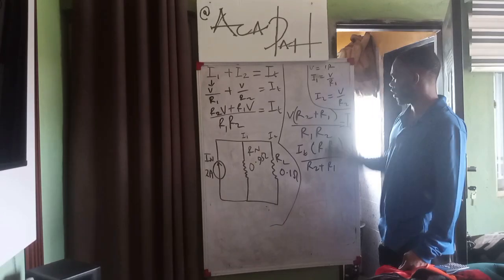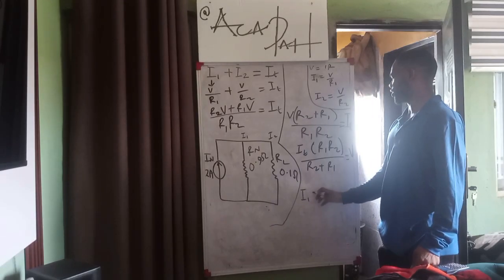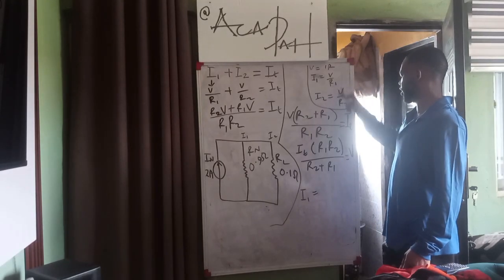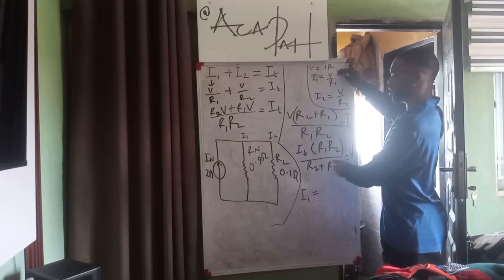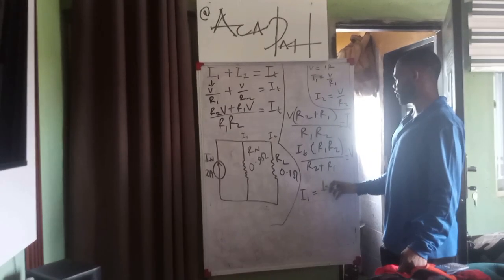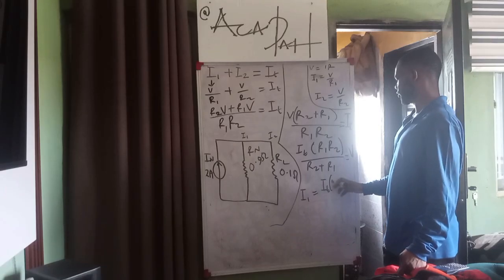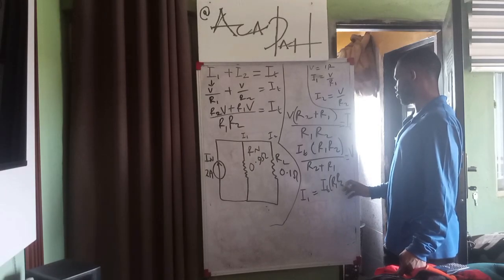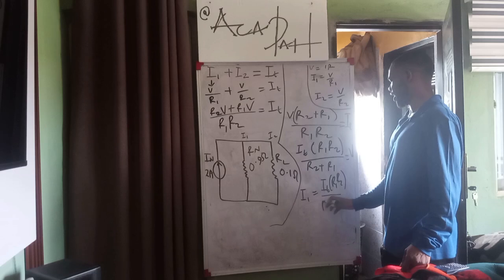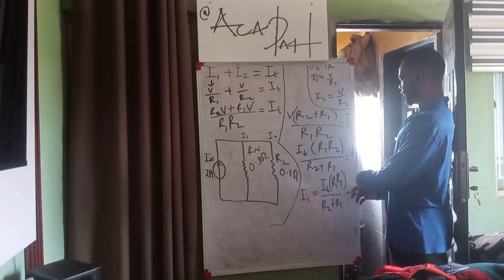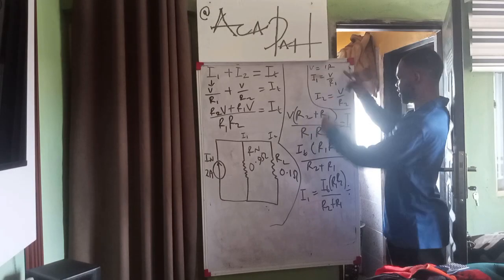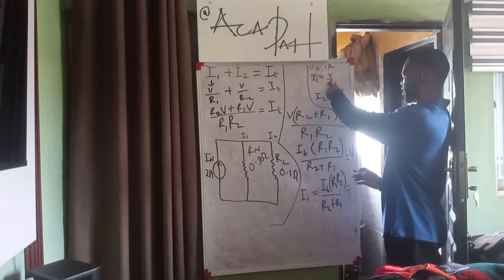So now come to I1. To find current in I1, I'll just say I1 is equal to V over R1. So substitute for V. Where I see V, substitute this for V. So I'll now have IT R1 R2 all over R2 plus R1, then divided by R1, because everything here is for the voltage and it's being divided by R1.